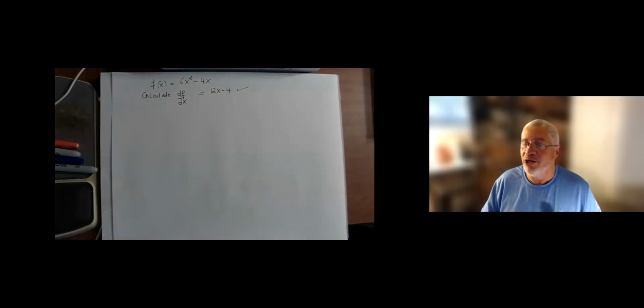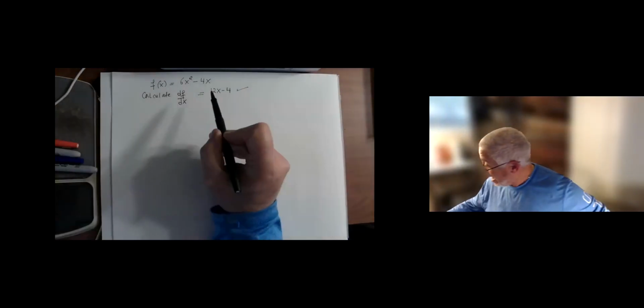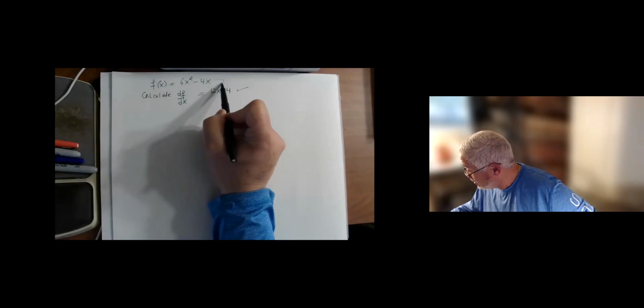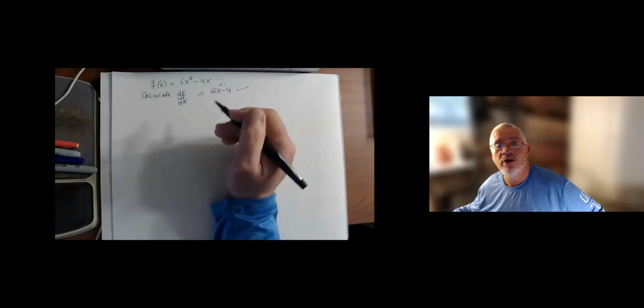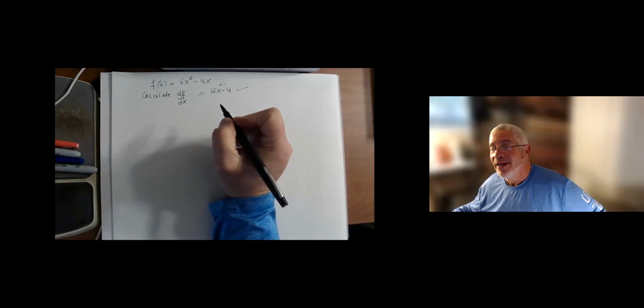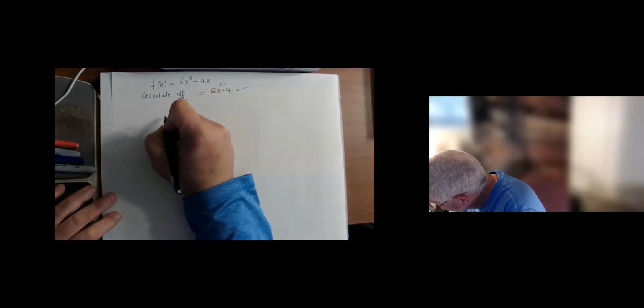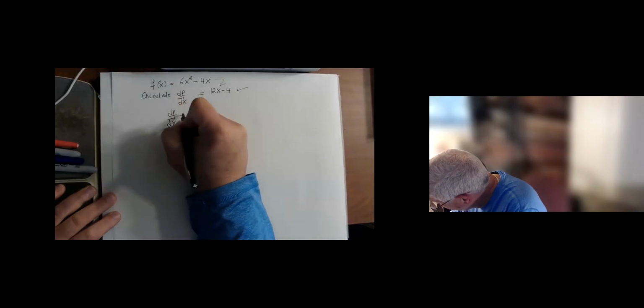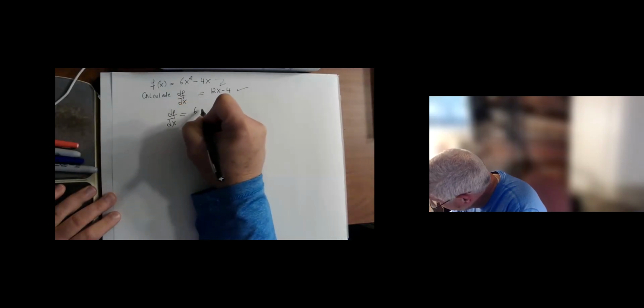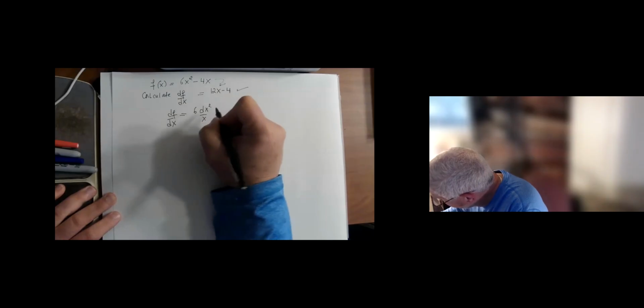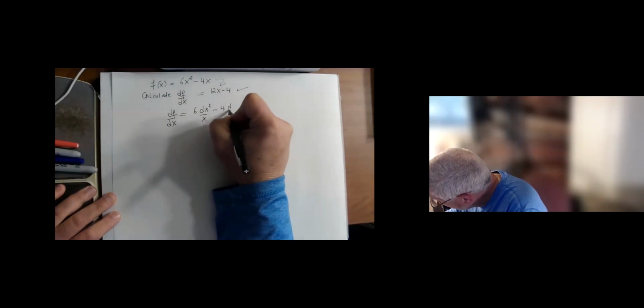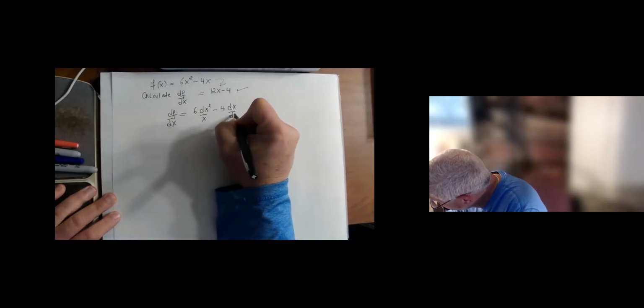What I want to bring to your attention is how you actually go from this to getting the derivative to be 12x minus 4. What you actually do is this: the derivative of f with respect to x is 6 times the derivative of x squared with respect to x, minus 4 times the derivative of x with respect to x.